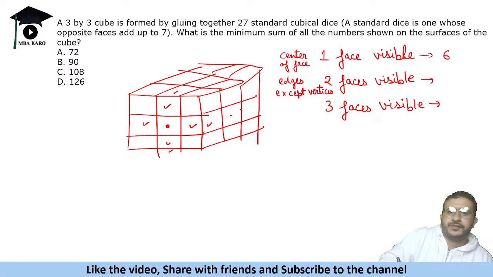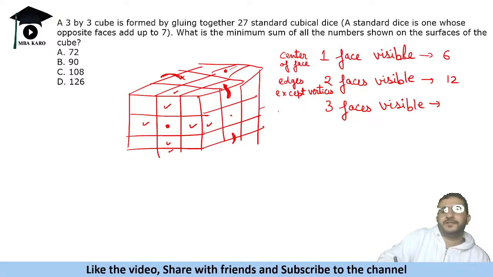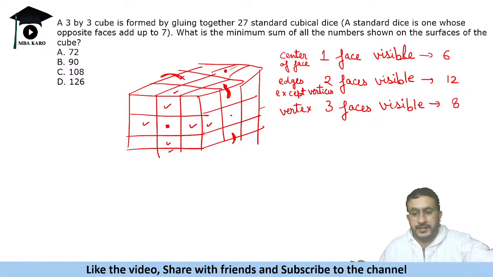Then we can find four on this side also, opposite side. Then we can have four such cubes here also. ये फोर होगा, ये फोर होगा, ये फोर, and ये फ्रंट साइड के फोर काउंट कर लिए, बैक साइड के भी फोर हो जाएंगे, and then there will be four on this side also. ठीक है. So there are 12 such cubes, and three faces visible are the vertices, which is 8. Is this thing clear?